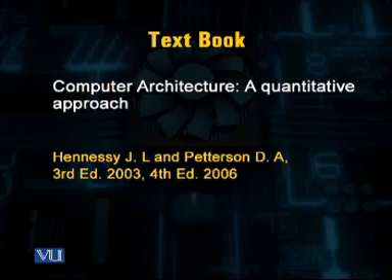We will be following basically the third edition, and to some extent, sometimes we will also be taking help from the latest edition, which is the fourth edition of this particular book.